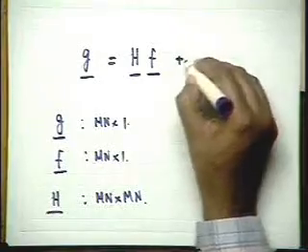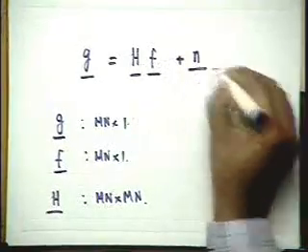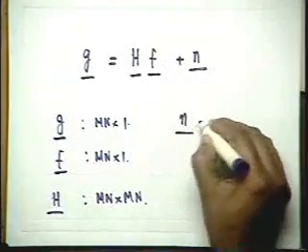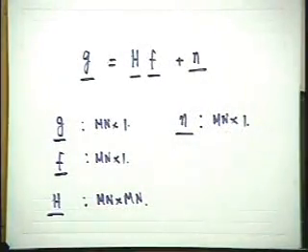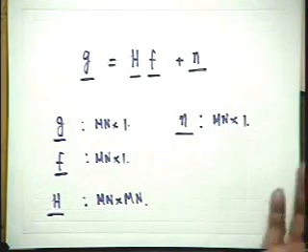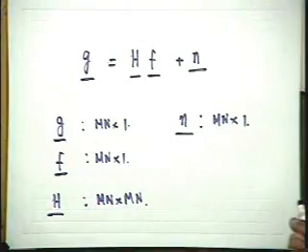So to complete this equation, I can write it as Hf plus n vector, where n is the noise vector, again of size mn by 1. Now, in the case of one dimension, we had seen that H was a circulant matrix.